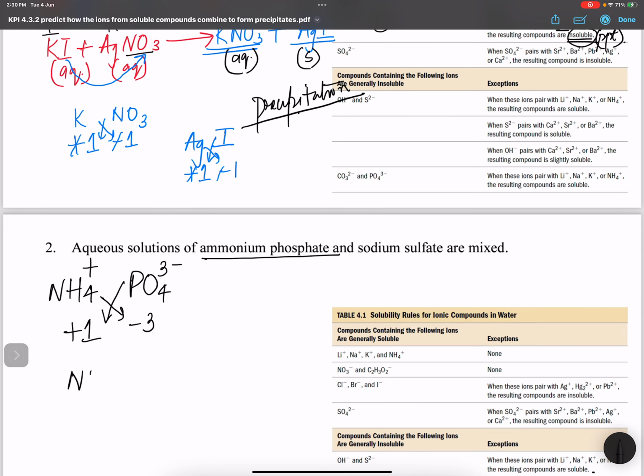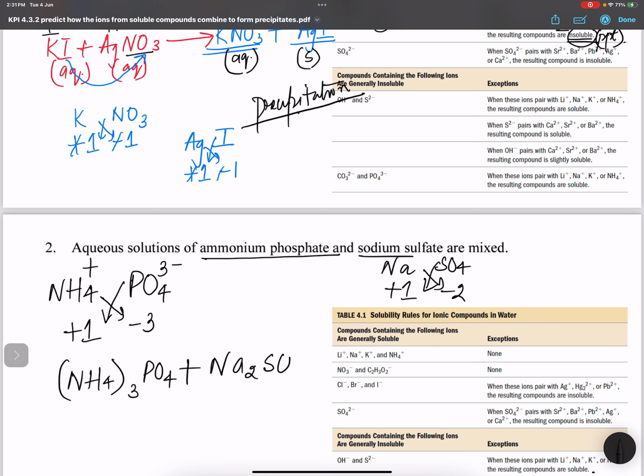So it is (NH4)3PO4 plus sodium sulfate. Sodium is in group 1, so +1. Sulfate has a charge of -2, crisscross, and Na2SO4. They said aqueous, so they are aqueous.